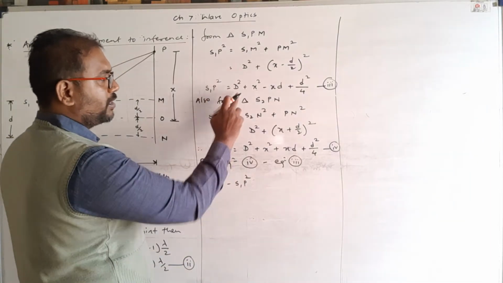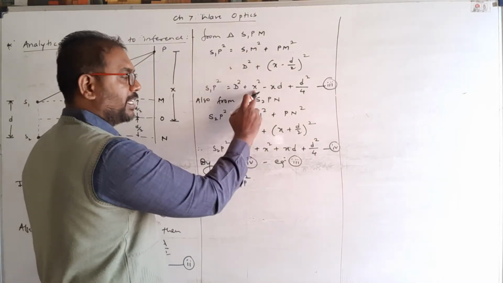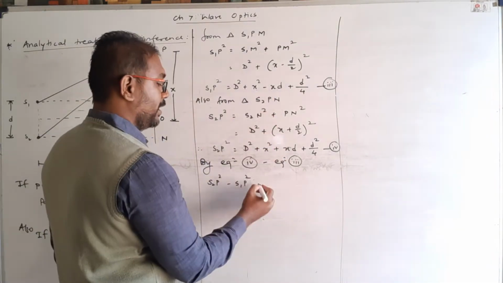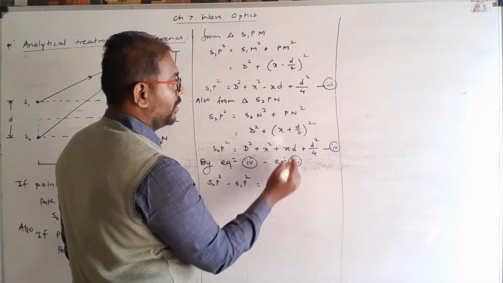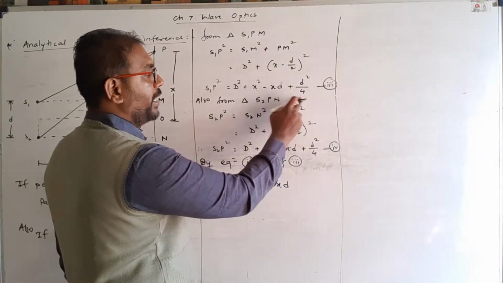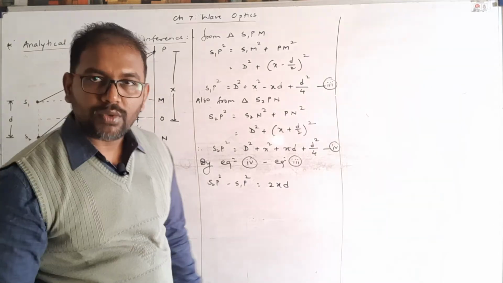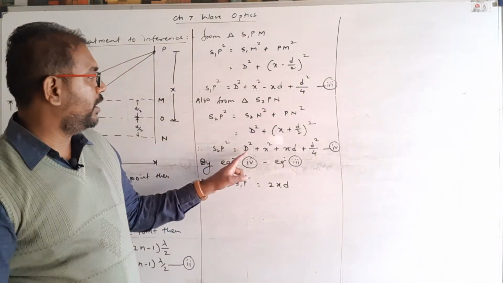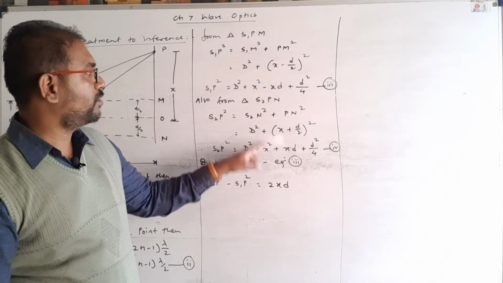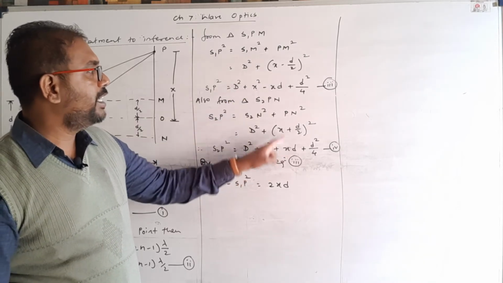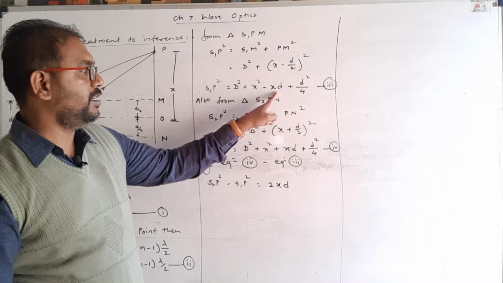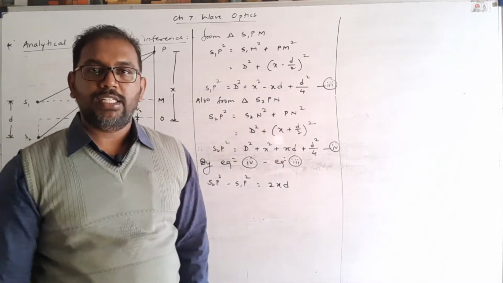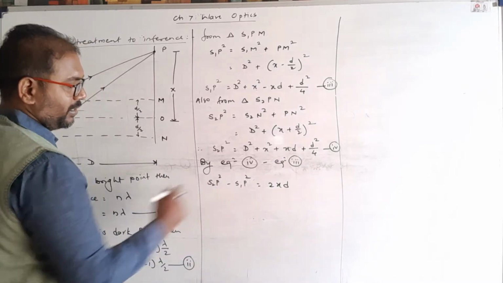D square minus D square is 0, X square minus X square is again 0, XD minus minus XD is plus, so 2XD. D square by 4 minus D square by 4 again gets cancelled. So everything gets cancelled, we get 2XD only.